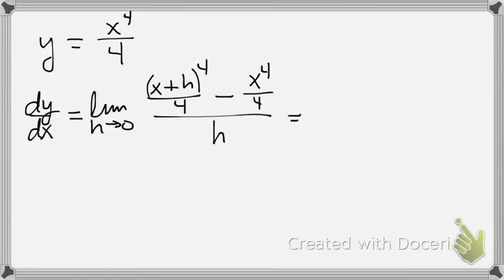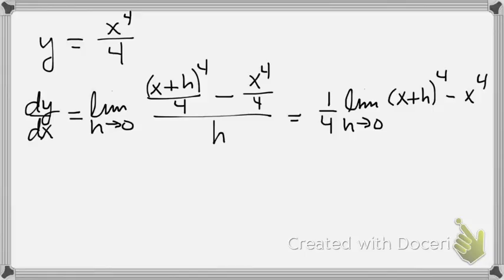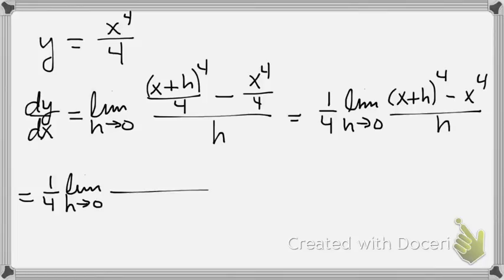Okay. So I got 1/4. You really want to just jerk that fraction out of there. Limit as h approaches 0 of (x plus h) to the fourth minus x to the fourth all over h. So we got 1/4 limit as h approaches 0.